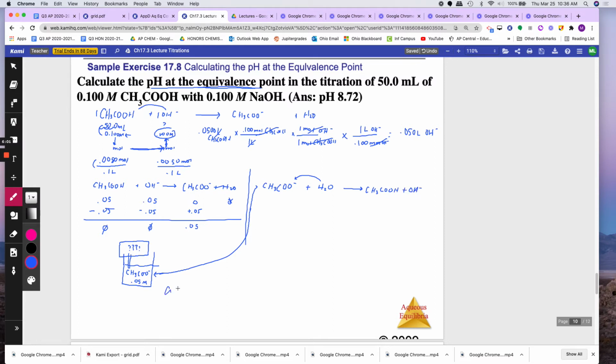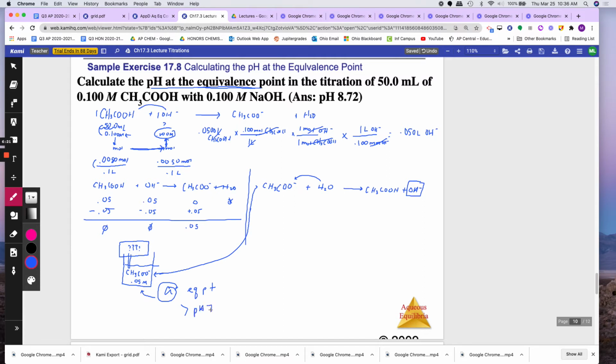At equivalence point, your pH is going to be a little bit basic because you made some OH minus. So it's not pH 7, it's going to be greater than pH 7.